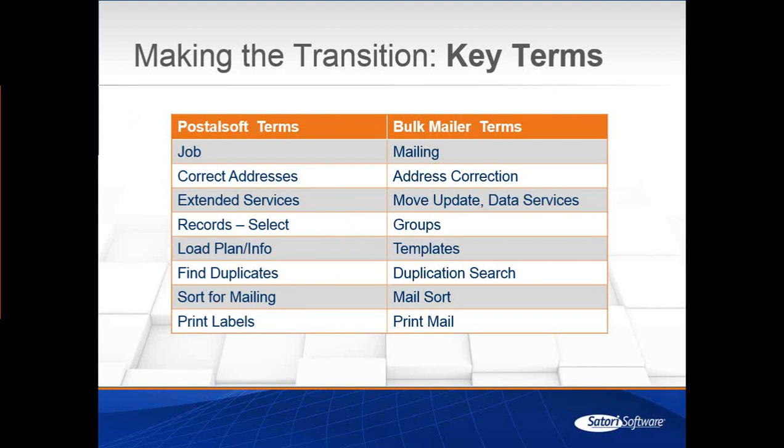You can select and target specific records with the criteria that fits your need. Also, the load plan and load info are very important. Those we refer to as templates within Bulk Mailer, and that's how you can save your work so you don't have to recreate it every time you go to do a mailing. And lastly, a mailing in Bulk Mailer is directly referred to as a job in Postal Soft.